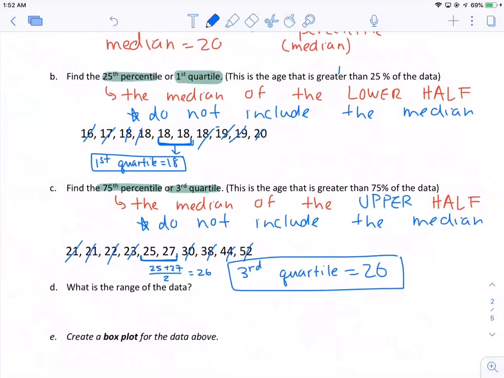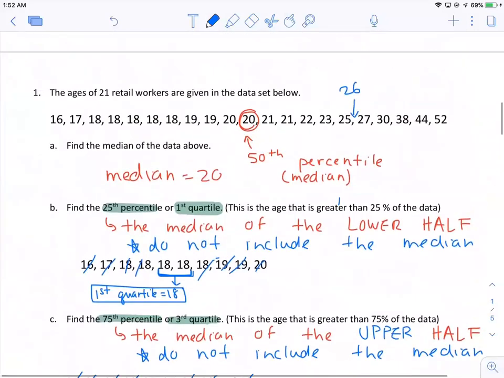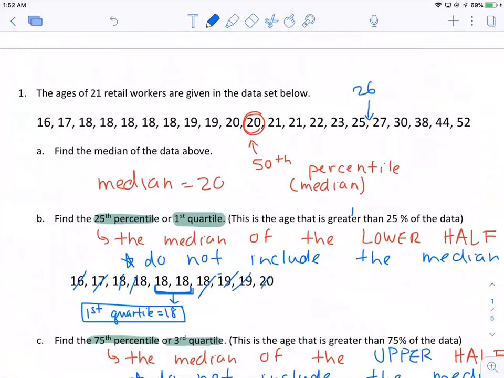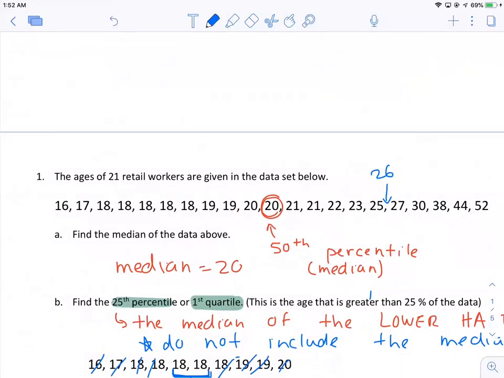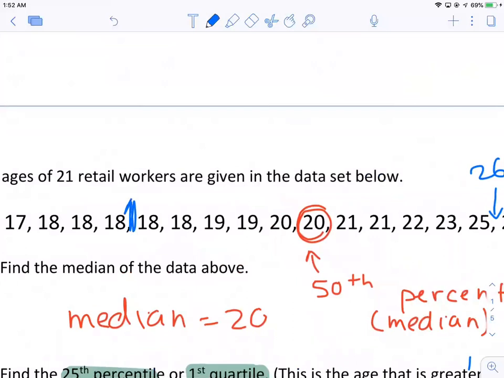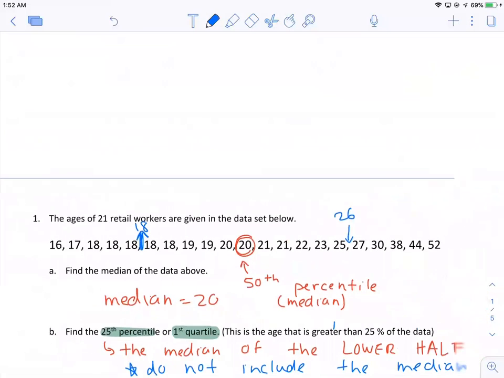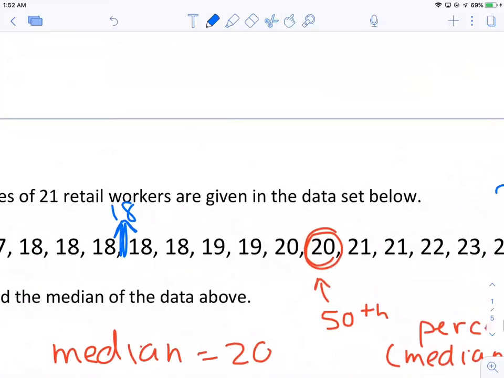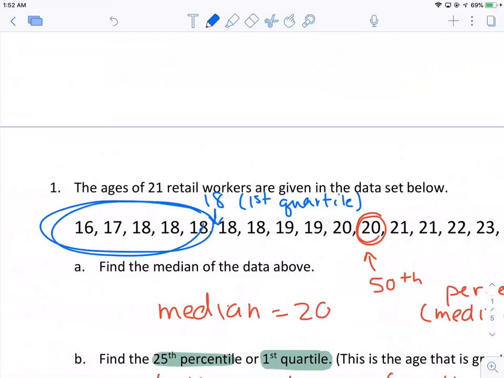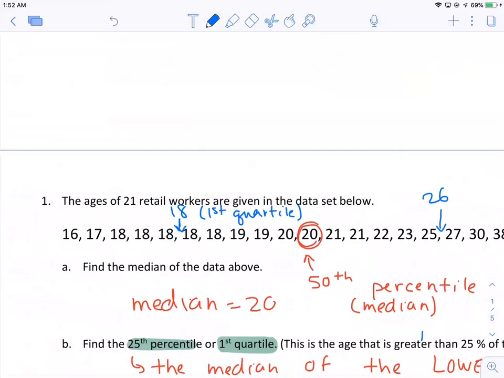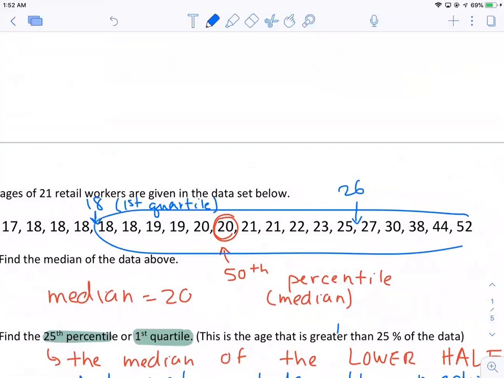When we found the first quartile, which 18 was it? After 3 18s, 1, 2, 3, that there was our first quartile. I write it the way I wrote the other one, with an arrow going down. What that means is 25% of our data is over there, which means 75% of our data is above it.